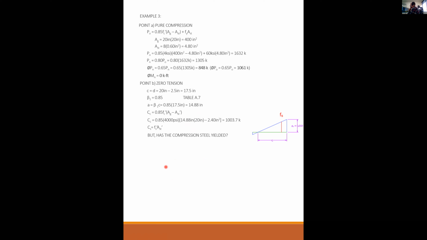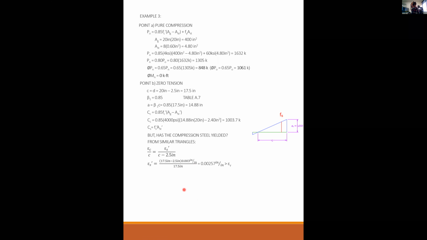Cs is f prime s times Ast prime. Has the compression steel yielded? Don't know. But if I take similar triangles, then the strain in the concrete over c is proportional to the strain in the compression steel over c minus d prime, which is 2.5 inches. So I can solve for epsilon prime s: (17.5 minus 2.5) times 0.003 over 17.5 is 0.0257.